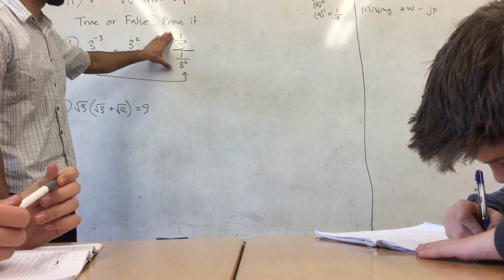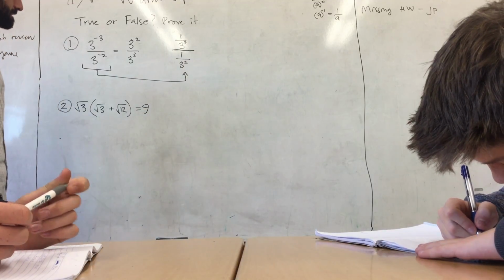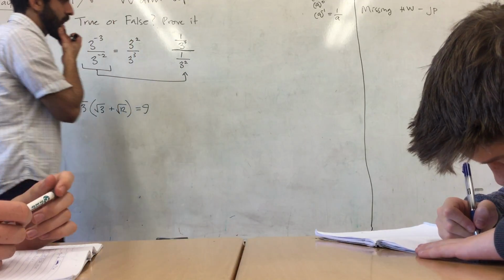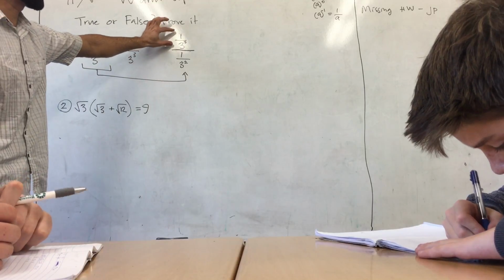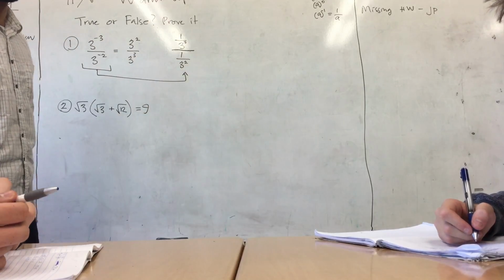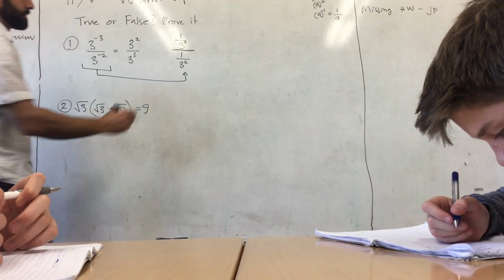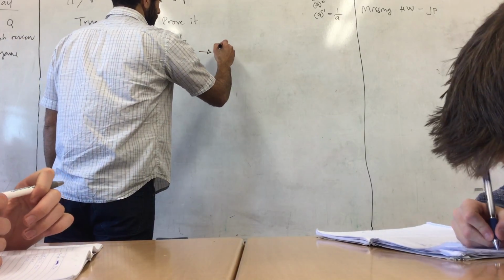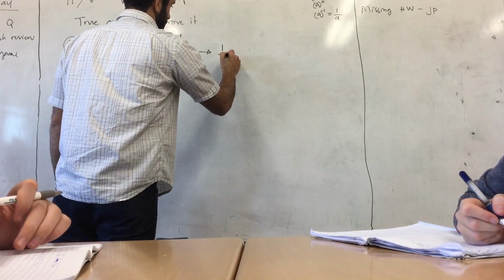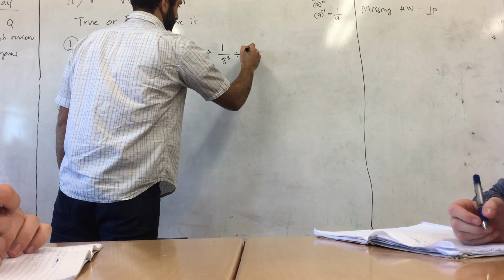Okay, Maxwell, process this for me. What does that mean? Simplify this. What is this? It's a fraction divided by a fraction. Let me write it in a way that might be easier for you guys to visualize.